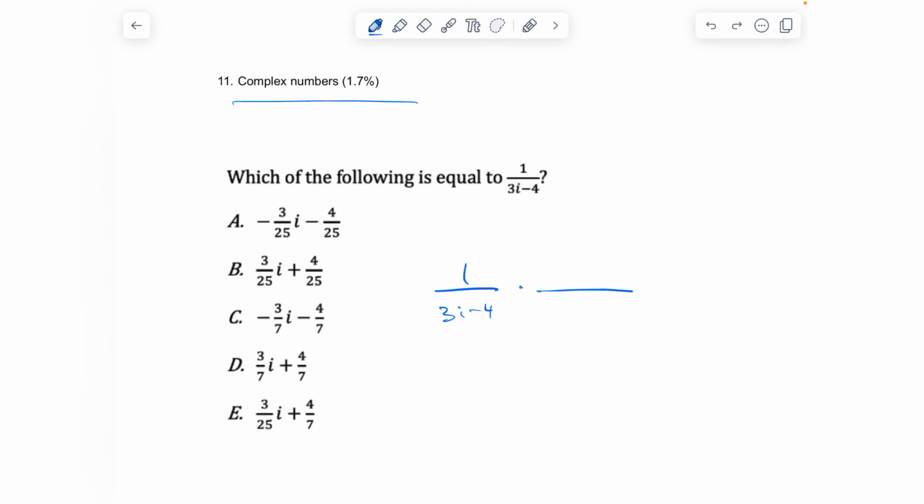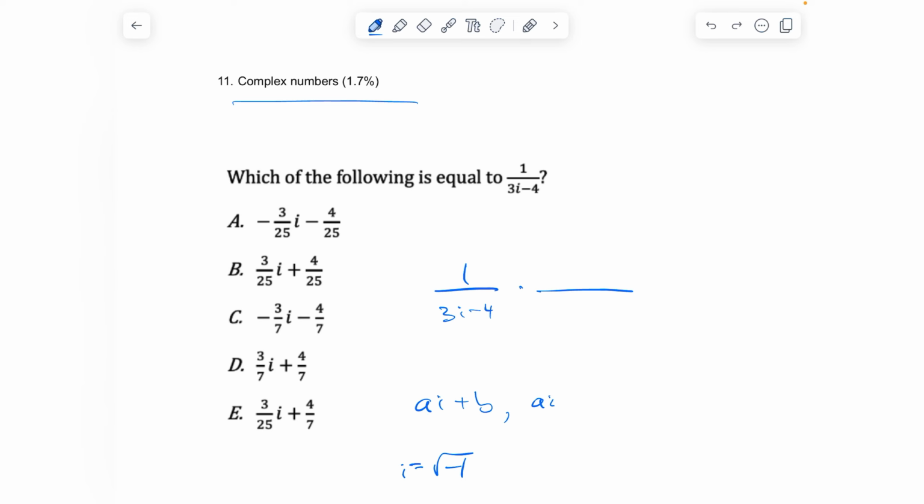Now what that fraction is going to be is, when you're given an expression ai plus b, where i is just the square root of -1, right? It's an imaginary number. You can actually find a complex conjugate of that. So every i expression is actually in pairs, think of it, right?